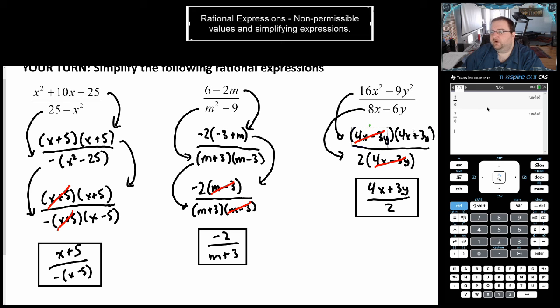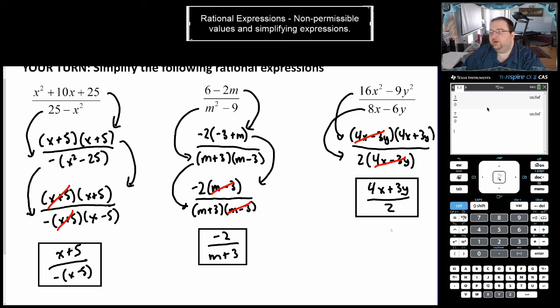So we know that 4x times 4x is going to give us that 16x squared. 4x times 3y, the outers, is going to give us 12xy. But if you look at the inners, you have -3y times 4x, and that's going to give us -12xy. So those middle terms end up canceling each other out. Then you have -3y times 3y, which gives us that -9y squared.